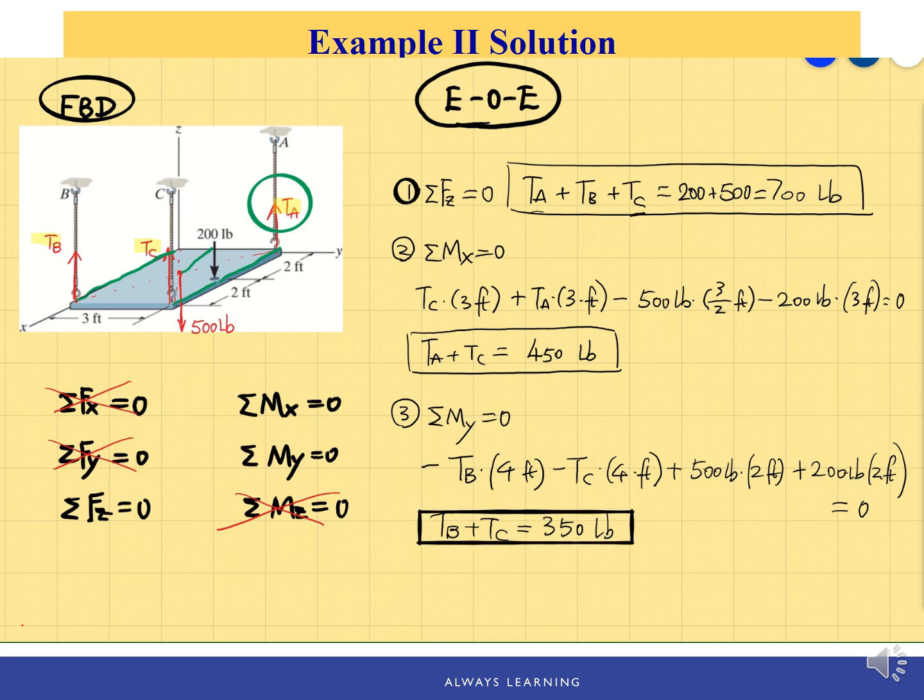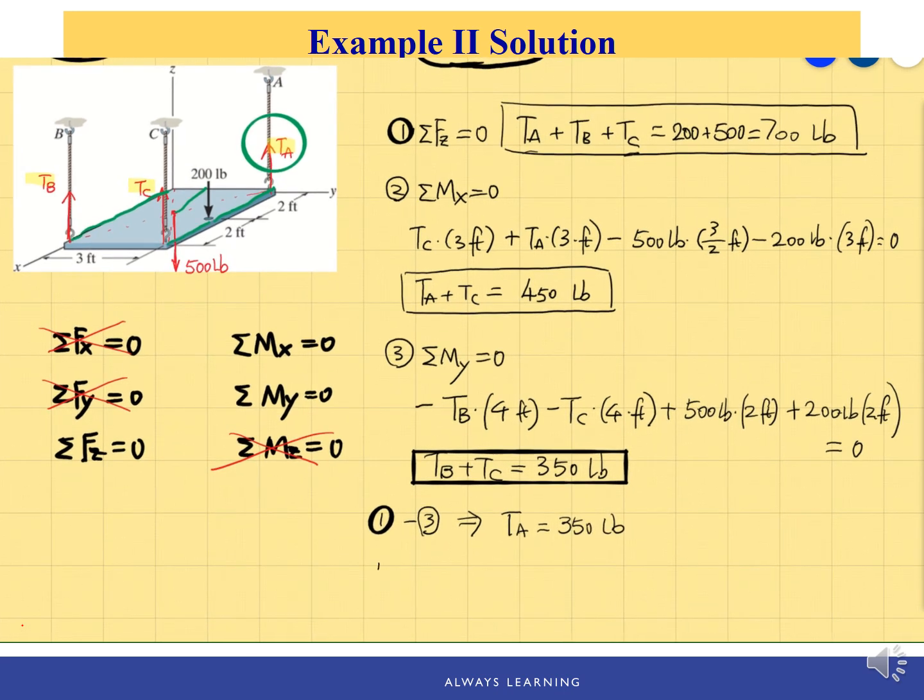Now we can use equation 1, subtract equation 3. We can solve for TA, which is 350-pound force. And then equation 1, subtract equation 2, we can solve for TB, which is 250-pound force.